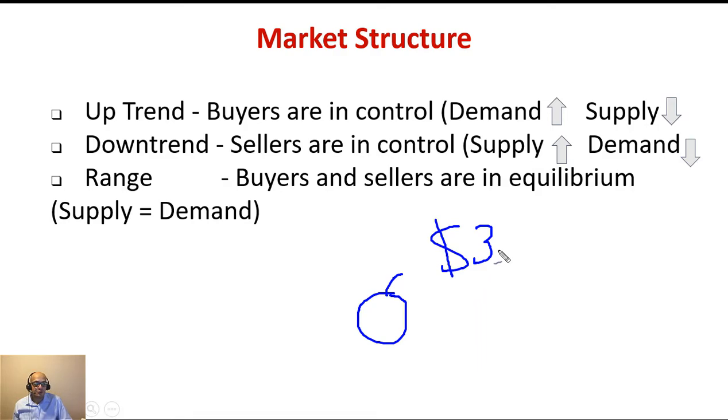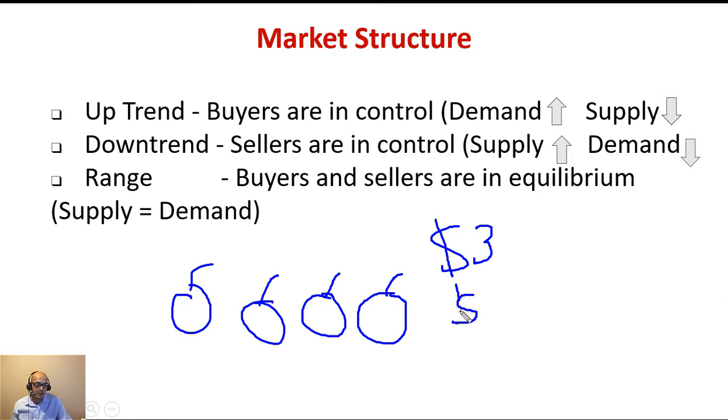So they're going to drop the price because they have a certain amount of apples. Sorry for my drawing, I know I'm horrible at drawing, but whatever. There is no demand, so what are they going to do? They're going to drop the price. So now you drop it to $2, and now people are going to want to buy.